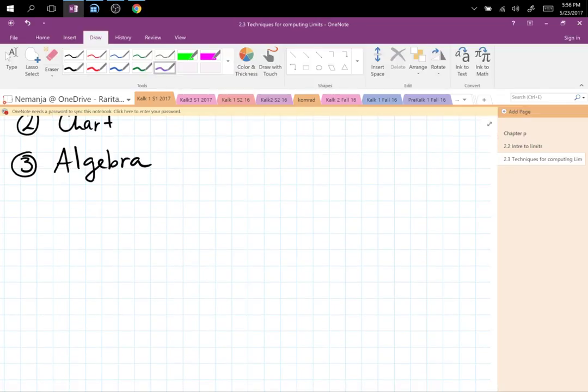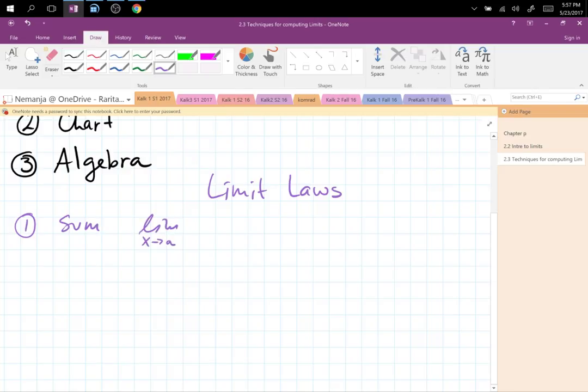So, limit laws. Number one is the sum. Limit as x approaches a of f of x plus g of x is the same as limit of f of x plus limit of g of x.